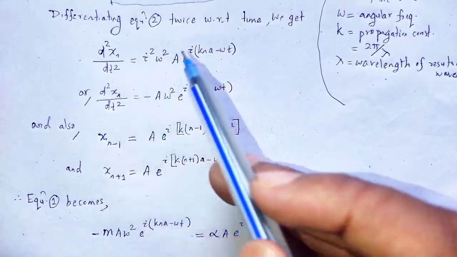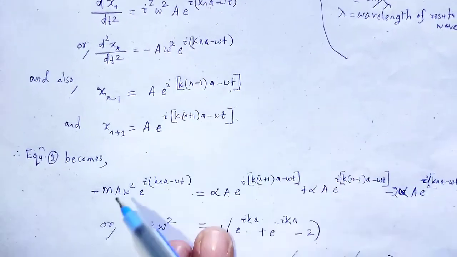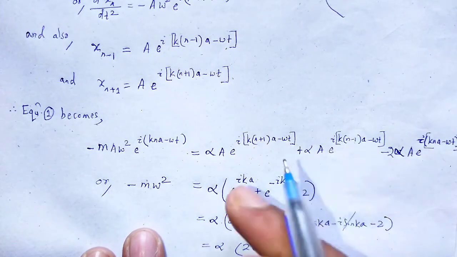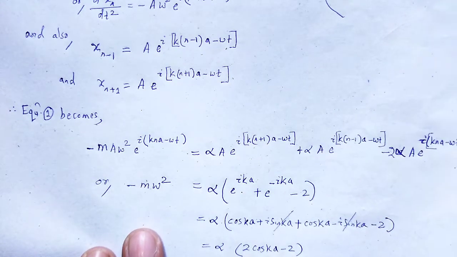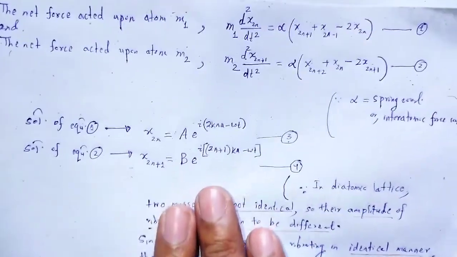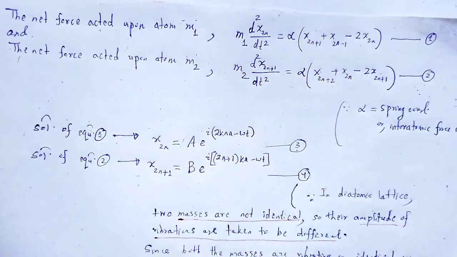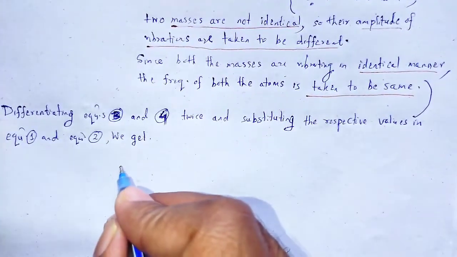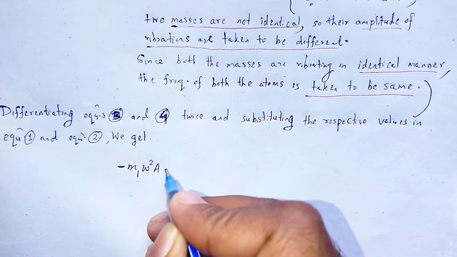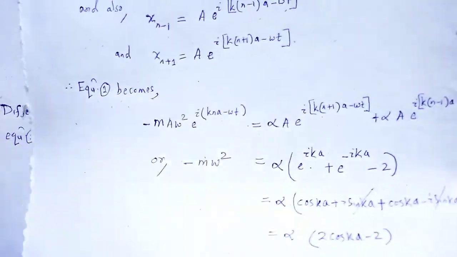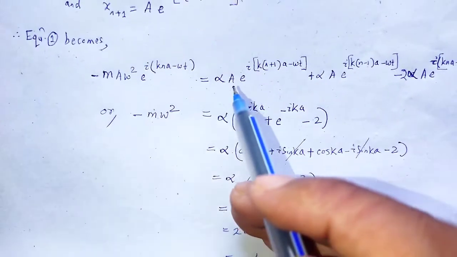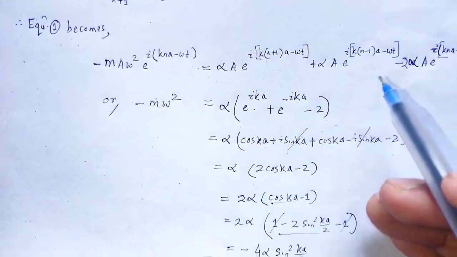When we obtain the second order differentiation and put those values, we have this form of equations. Same thing we applied here. So, equation 1 now becomes minus m₁ω²A is equal to, just relate to one dimensional lattice vibration. What we obtained: alpha will into this much, that much.